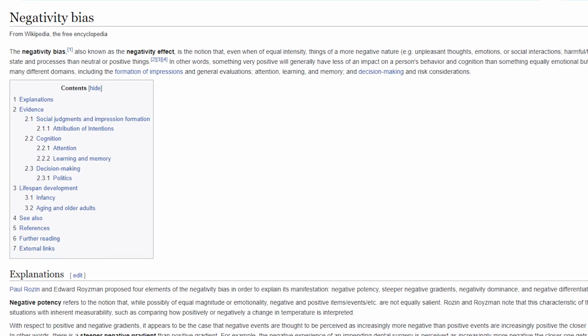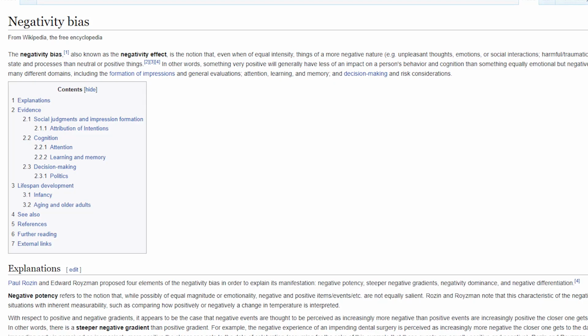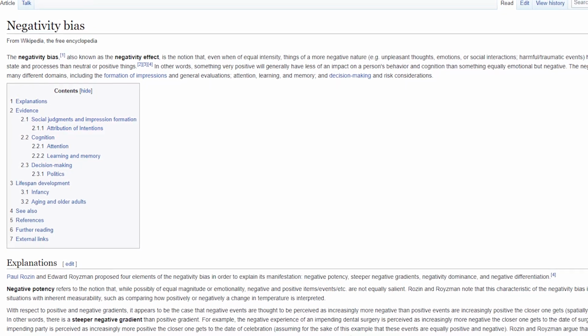But so, 90% of all comments are positive and only 10% are negative, with a small portion of them being outright hateful. That's not too bad, right? The positive comments outweigh the negative by a very good margin. Well, that would be a comforting fact if it wasn't for a thing called negativity bias. So, what is that?